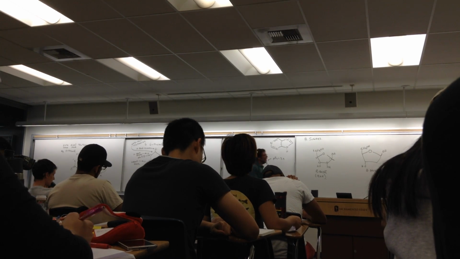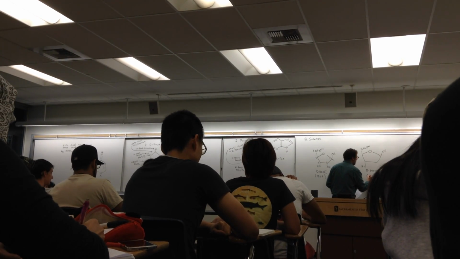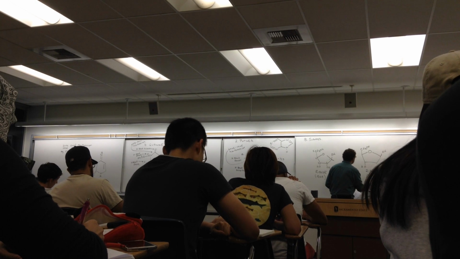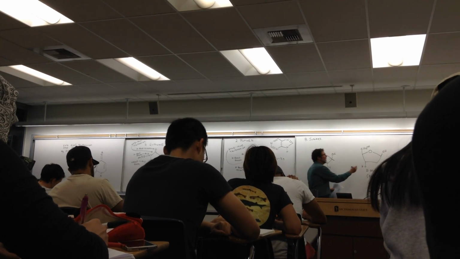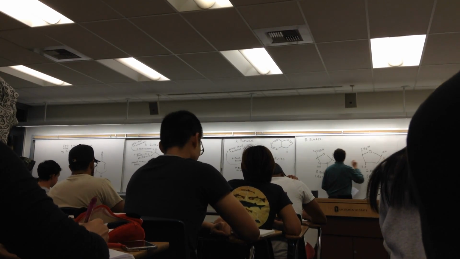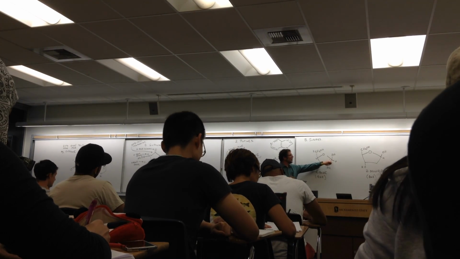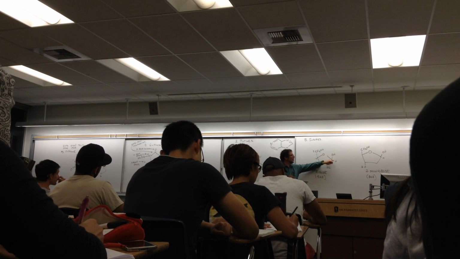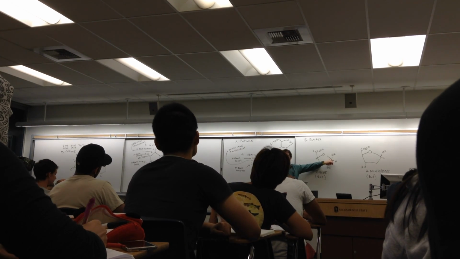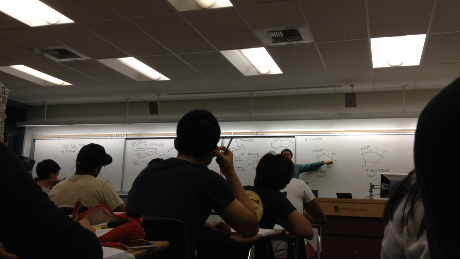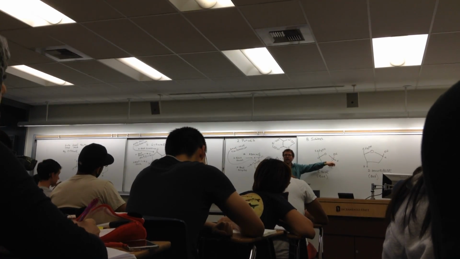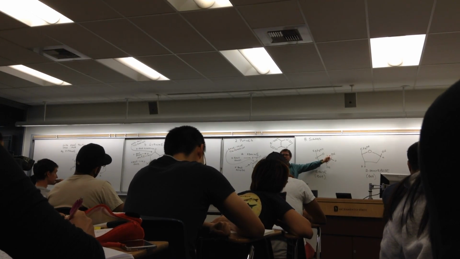That's in DNA. Now, remember the sugar chemistry from organics: this is the anomeric carbon, and the hydroxyl group can either go up or go down. When it goes up, what's it called?